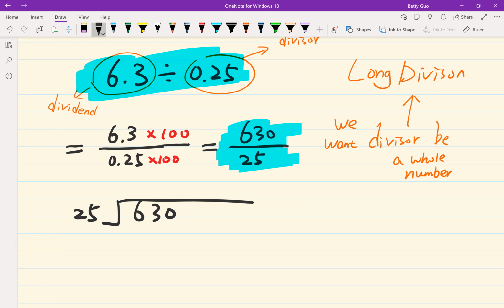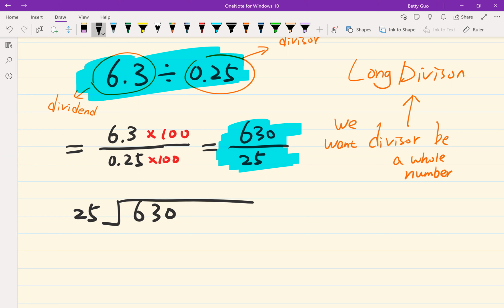Could the 25 go into 63? Twice, actually, right? Because twice 25 is 50. 50 is still smaller than 63, but 3 times is not. It doesn't work because triple 25 is 75. 75 would be bigger than 63, right? So 25 could only go into 63 twice.